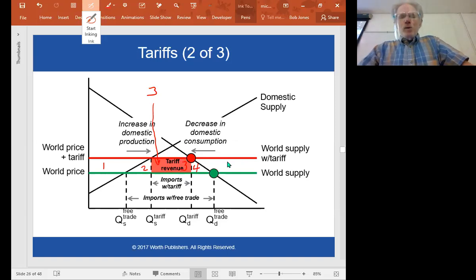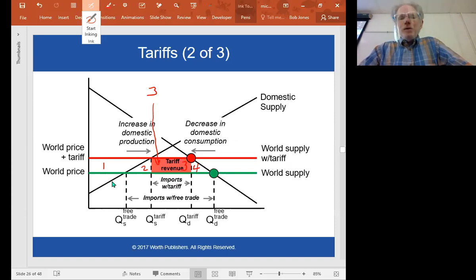Okay? Well, let's start by thinking about how consumers are going to be affected. First, are they going to benefit or be hurt by the tariff? The consumers are going to take a loss. They're going to be hurt, obviously, because they're going to pay a higher price. And when the price goes up, we know what they're going to do. The law of demand tells us they're going to cut back on the amount they consume.